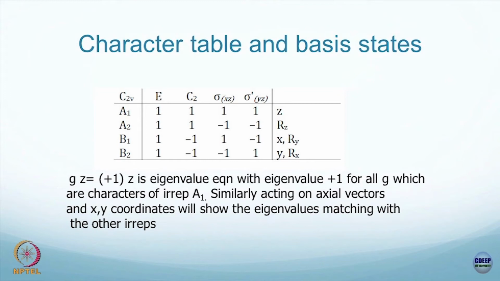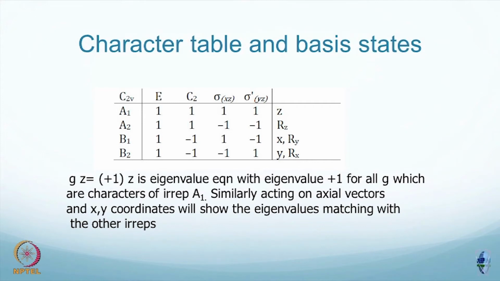In the context of point groups, you are going to take the principal axis to be along the z axis. So, the z coordinate is a good basis for the irreducible representation A1. We did this many times. The unit representations of most of the point groups will have z as the basis, as we saw.